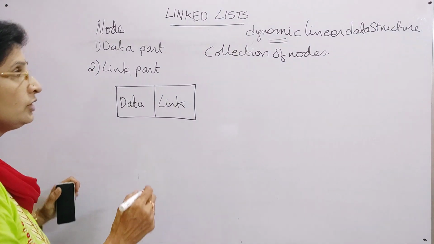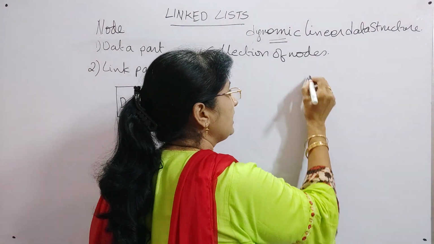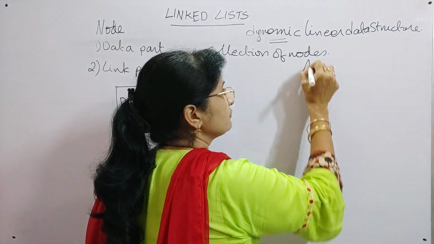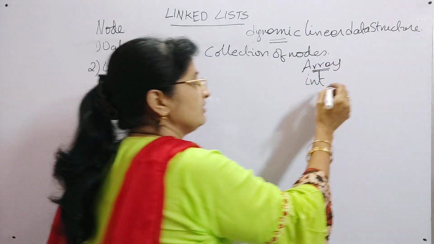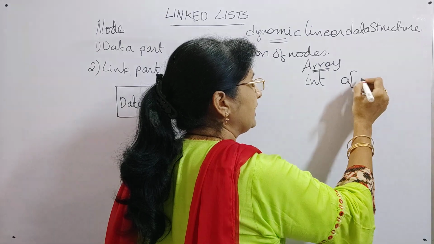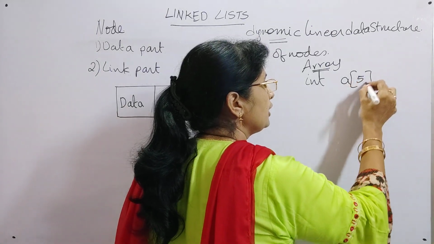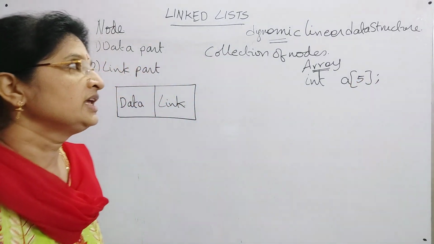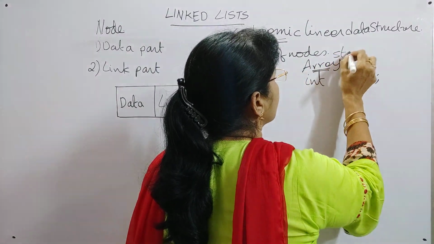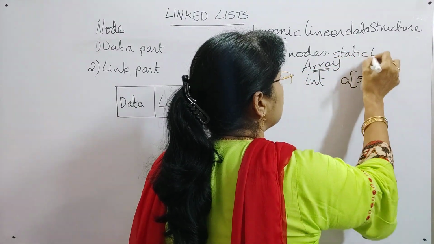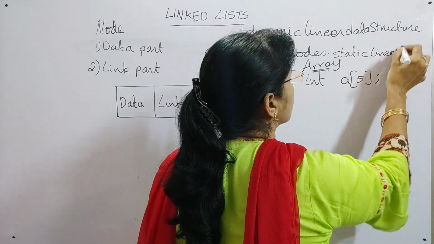Whenever you consider arrays, an array is also a list. But whenever you declare an array, for example int a of 5, the array is called a static linear data structure.